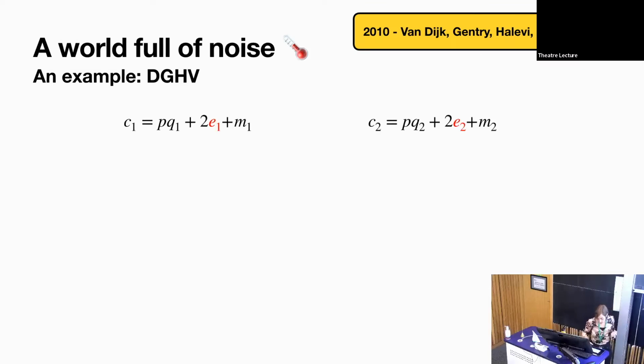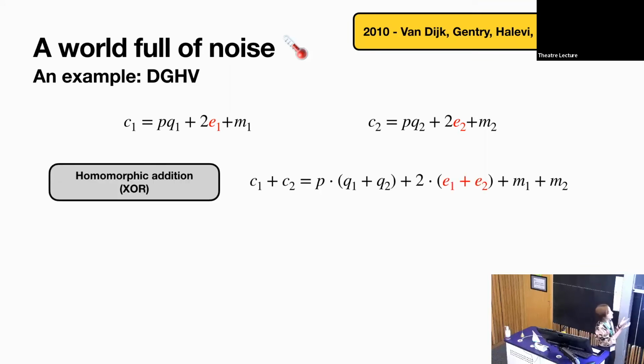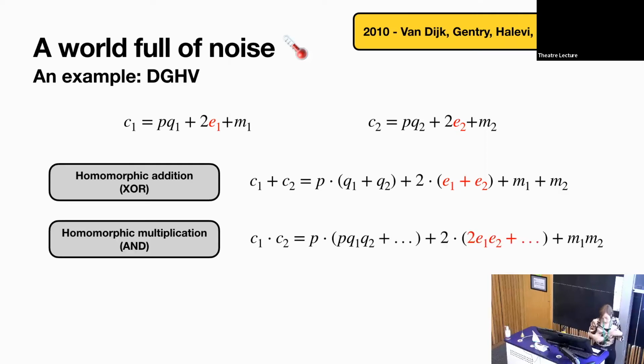In particular, DGHV has both additive and multiplicative homomorphic properties. If you take two ciphertexts encrypting two messages M1 and M2 under the same secret key P, with randomnesses Q and E that should be random and so different, you can add those two ciphertexts together and you can multiply them together.